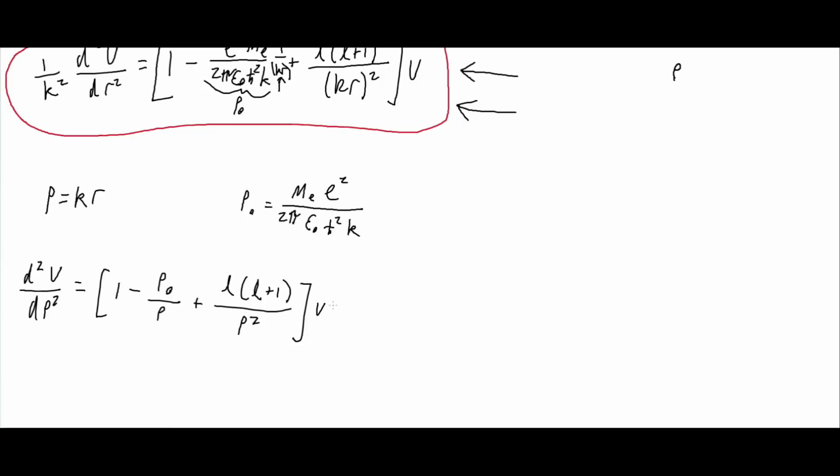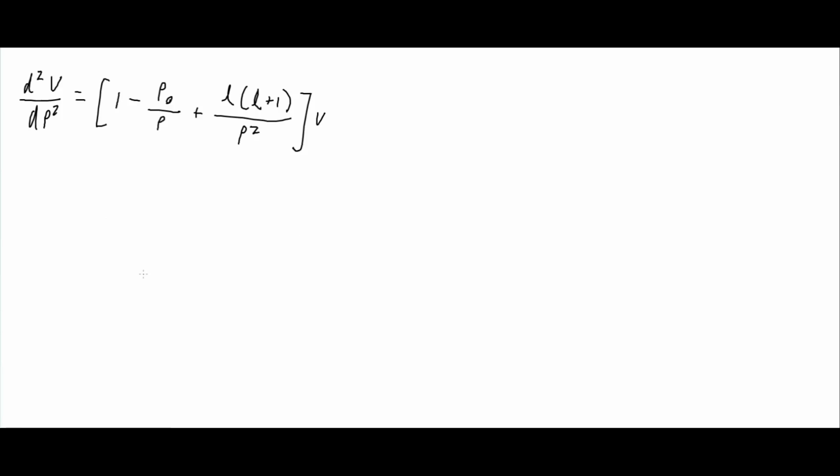And so that's what we end up with after making these two substitutions. And here I'll circle this in blue so we remember that this is an important one that we're thinking about.